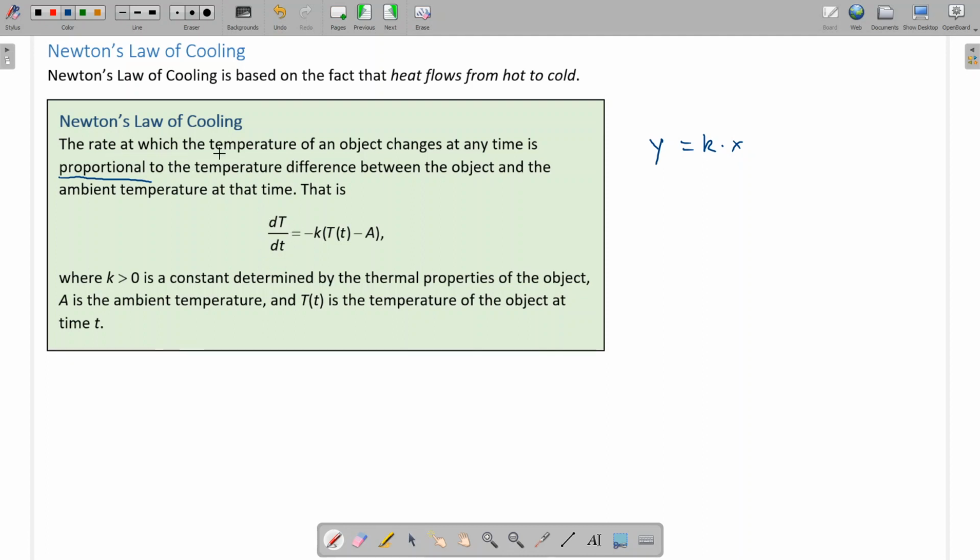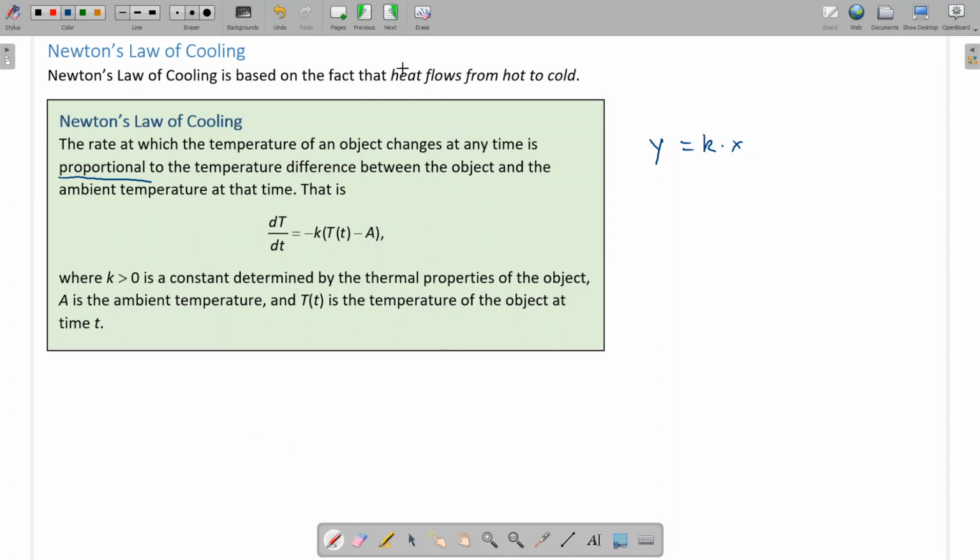It says the rate of change in temperature with respect to time, this, varies directly as the difference in the temperature and the ambient temperature. And then here is just our arbitrary constant in front. They've put a negative in front of it. That really doesn't matter. It doesn't change anything, but this is direct variation. The rate of change in the temperature varies directly as the difference in the temperature at time t and the ambient temperature.